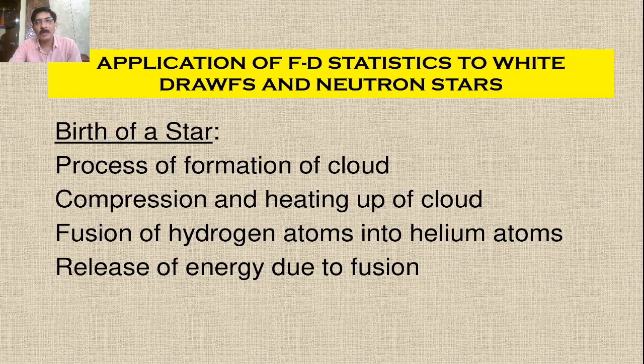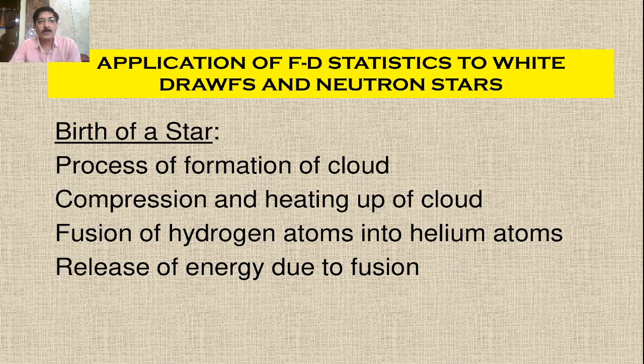So a time comes when the temperature of the cloud becomes about 10^7 kelvins. At this high temperature, the hydrogen atoms present in the cloud will combine together to give helium atoms. It is a fusion reaction, a nuclear reaction.